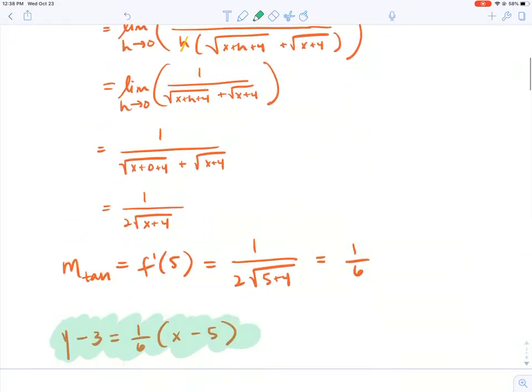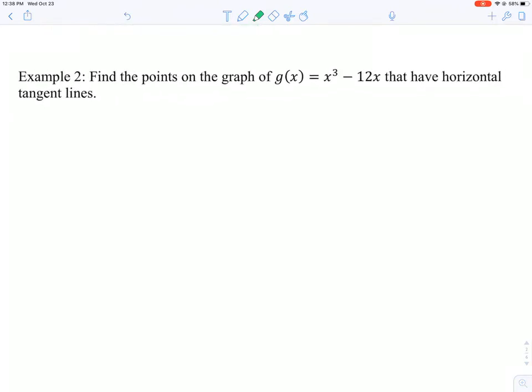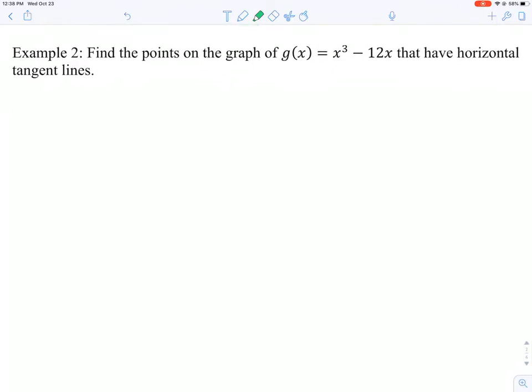Okay, so let's look at example 2. Find the points on the graph of g of x equals x cubed minus 12x that have horizontal tangent lines. Well, think about what a horizontal line is, and what the slope of a horizontal line is.